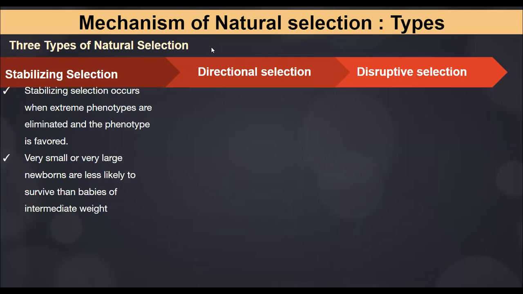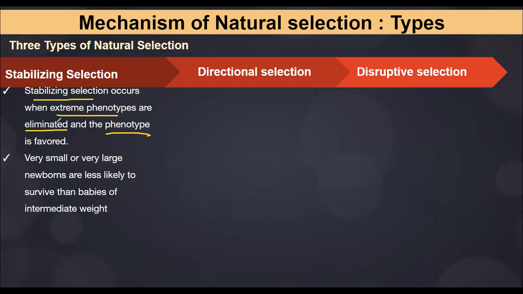Number one is stabilizing selection. Now, what do we mean by stabilizing selection? Basically, stabilizing selection is talking about selective pressures, where extreme phenotypes are eliminated and the normal, the most favorable phenotype is favored.